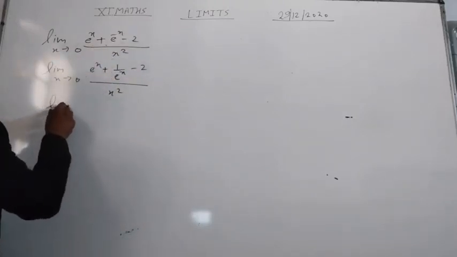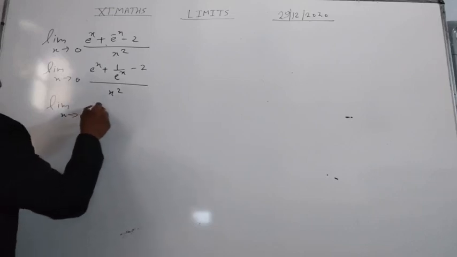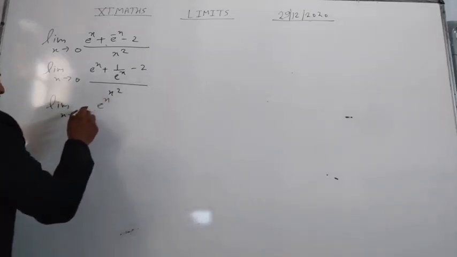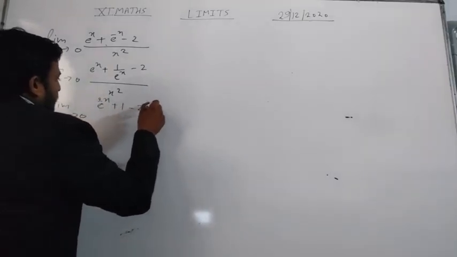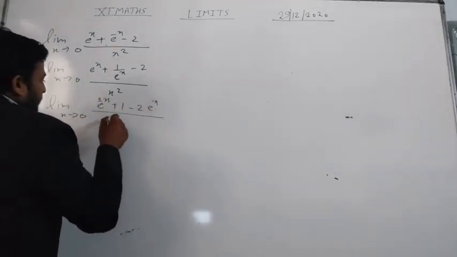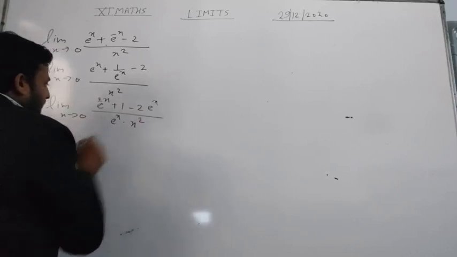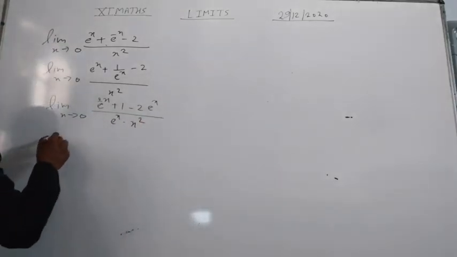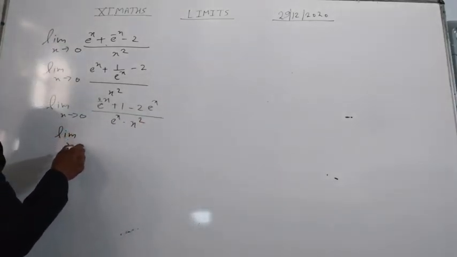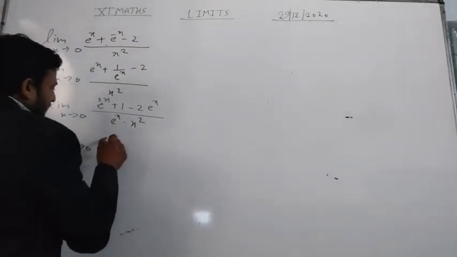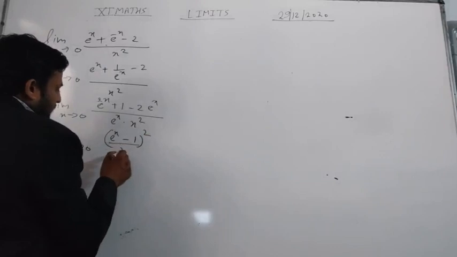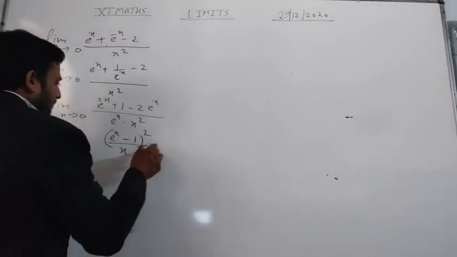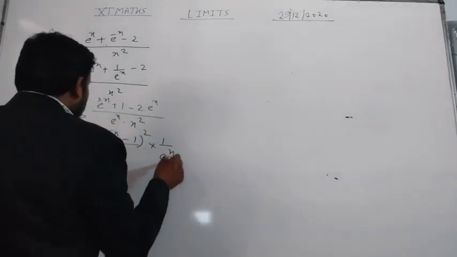Now limit x tends to 0, we are taking LCM, so this is e to the power 2x plus 1 minus 2 e to the power x, by e to the power x into x square. Limit x tends to 0, we write (e to the power x minus 1) whole square by x square, into 1 by e to the power x.